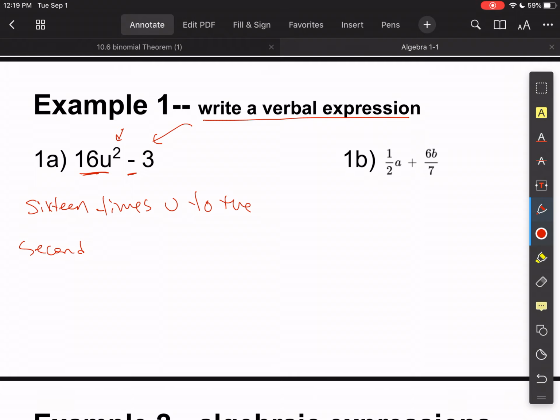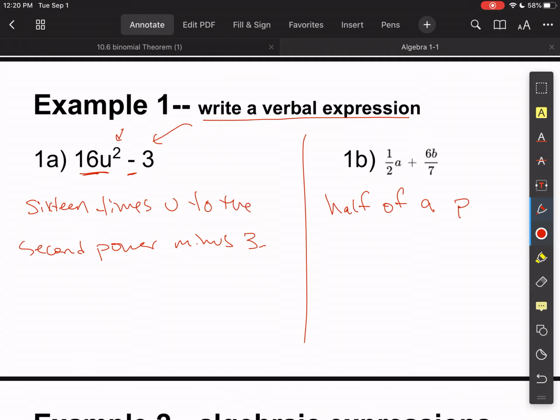That works as well. To the second power minus 3.